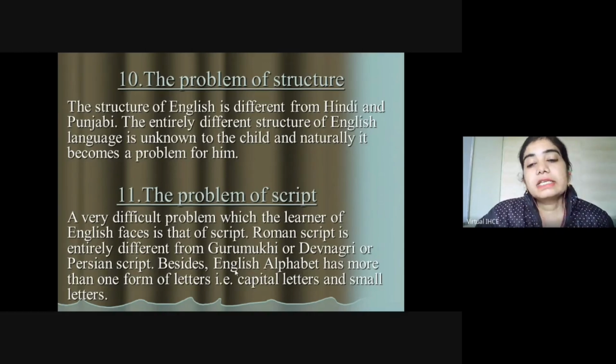Besides, the English alphabet has more than one form of letters, that is capital letters and small letters. And also the script is the Roman script, which is very much different from the Gurumukhi or Devanagari or the Persian script. So this is another problem for the students.